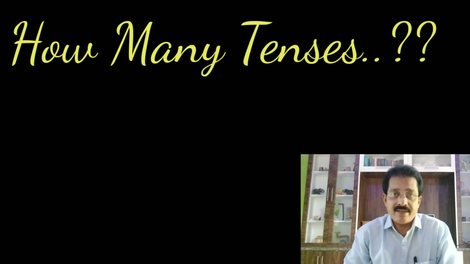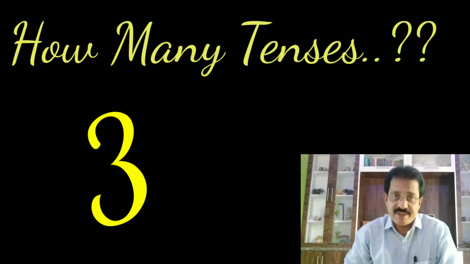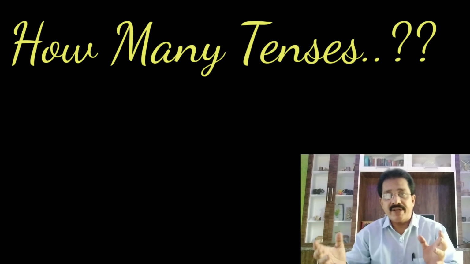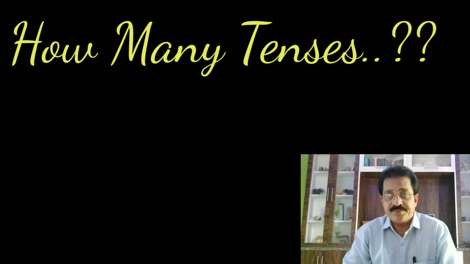Now, we have to say the number of kinds of tenses we have. Simple question: how many tenses do we have? Many of you give different answers. Basically, we have 3 tenses, or we can do an action in 3 different situations.